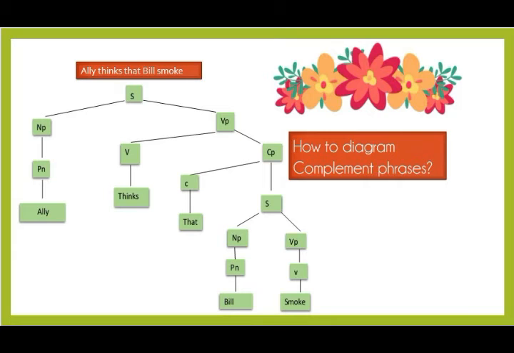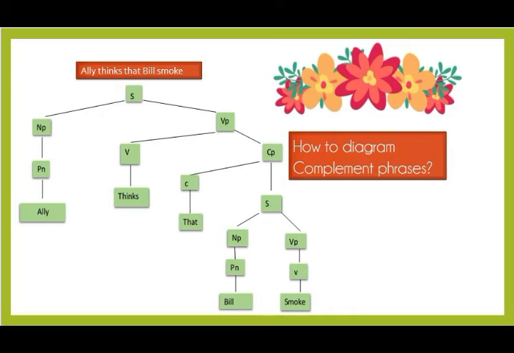On the left, we have a noun phrase, which is Ali, and Ali is also a proper noun. On the right, we have the verb phrase that corresponds to "thinks." "Thinks" in this case is the verb. Then we have a complement phrase, which in this case is the complementizer "that."